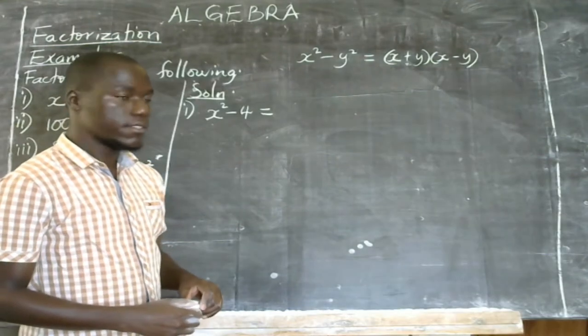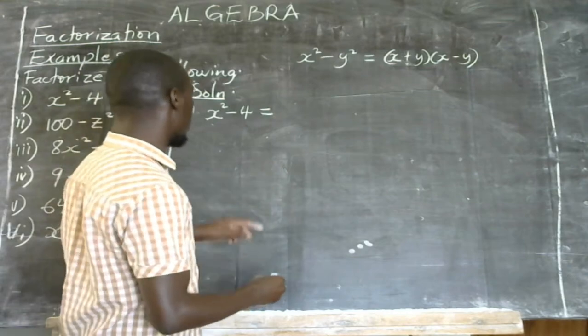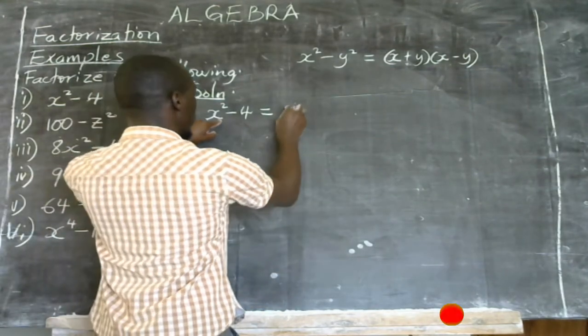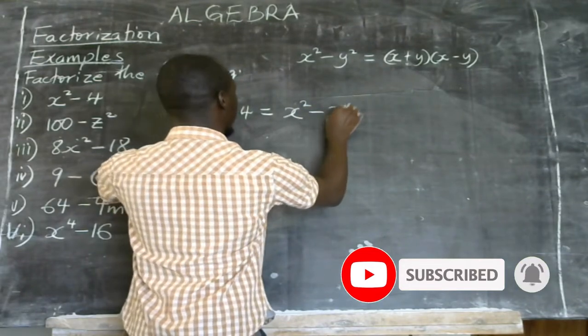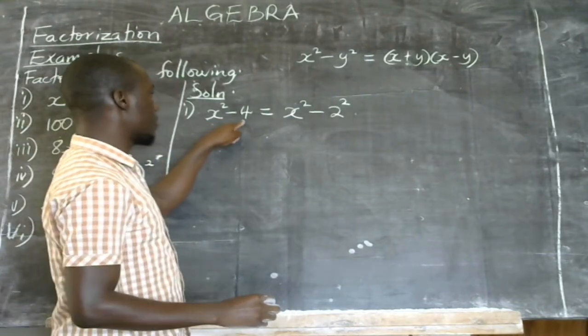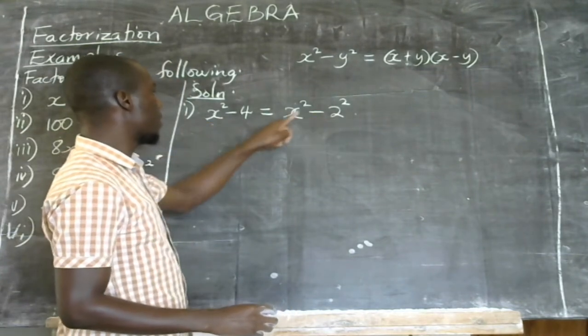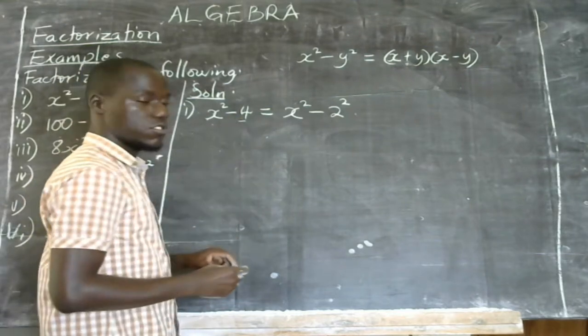The Roman one, x squared minus 4, this one is going to be equal to x squared minus 2 squared. When I rewrite this, my aim is to make this other part have a square.